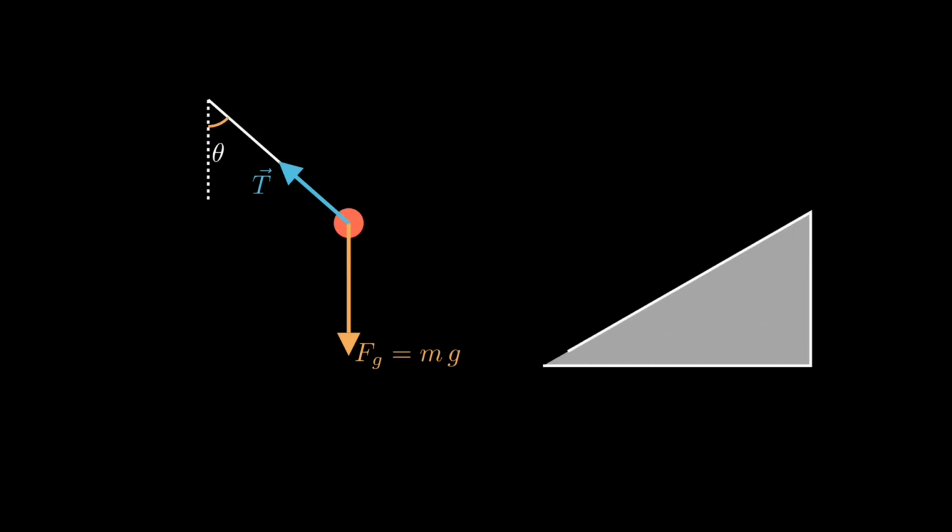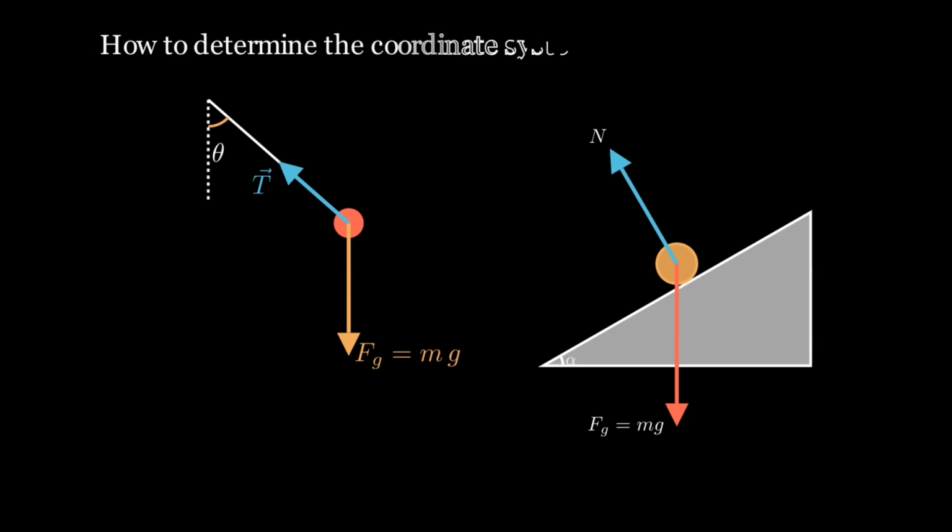Now, take a ball rolling on an inclined plane with the angle of incline given as alpha. Once again, gravity pulls downward, but the surface is slanted and the ball rolls along the slope. So, how do we decide how to place the coordinate system in each case and thus choose directions along which we resolve the forces which make real physical sense?